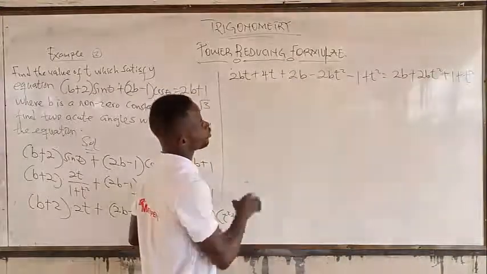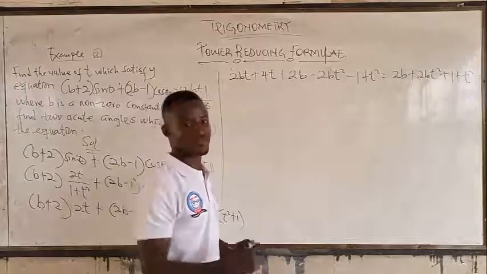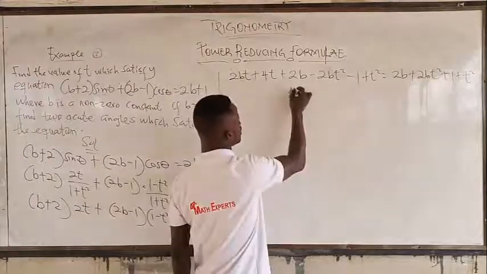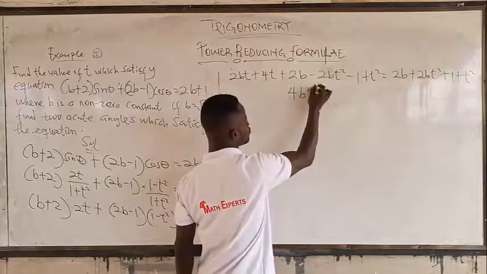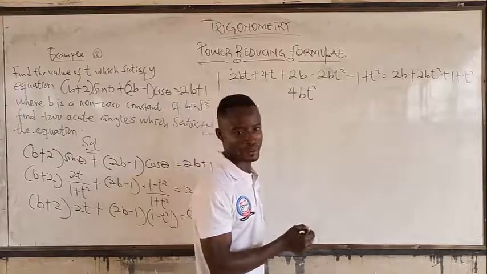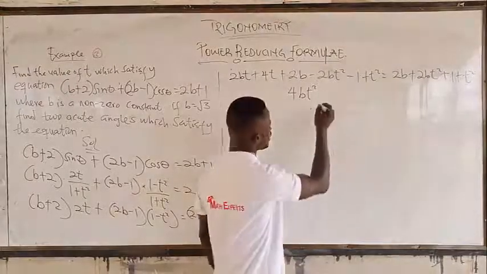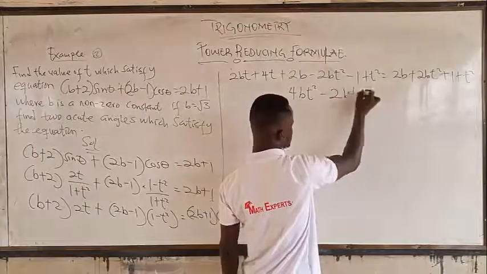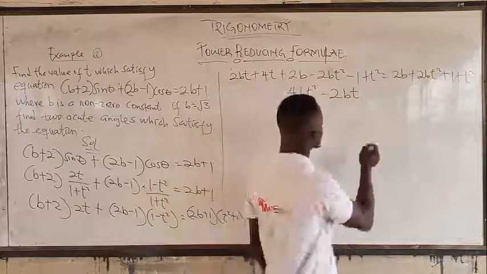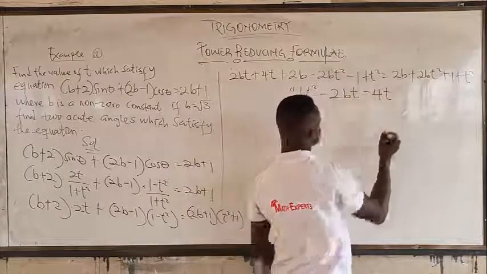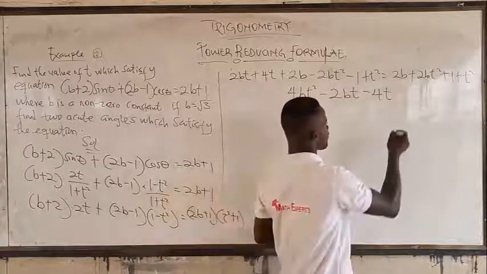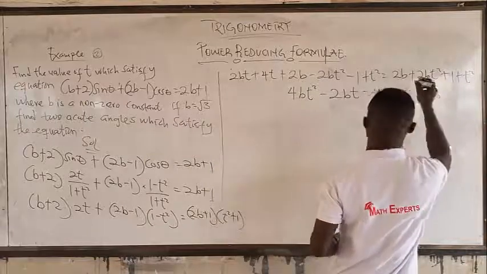So this will simplify to 4bt squared minus 2bt minus 4t plus 2 equal to 0. This is just algebra.